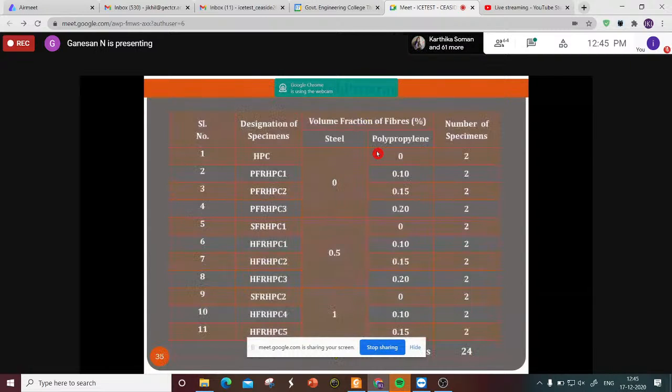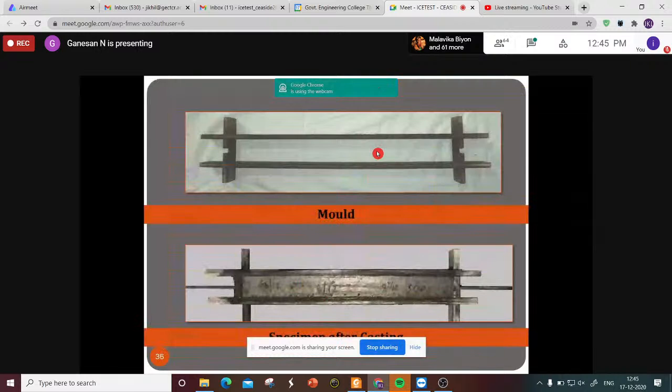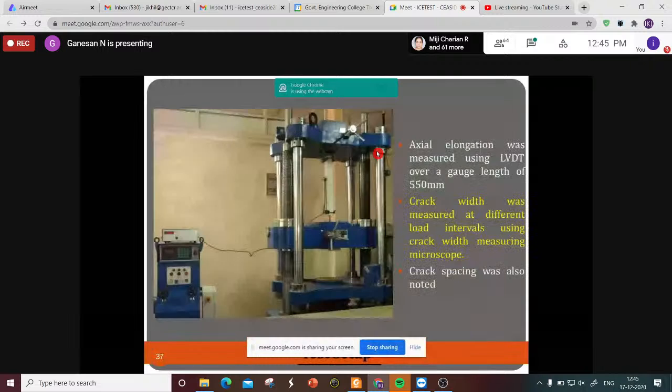Various specimens have been fabricated, and for each case, 2 specimens have been made in order to study the average effect. HPC with steel 0.51, and these are all polypropylene. Further, this is a mold used for making the prisms. After the prism is cast, it is tested in a universal testing machine with an LVDT.